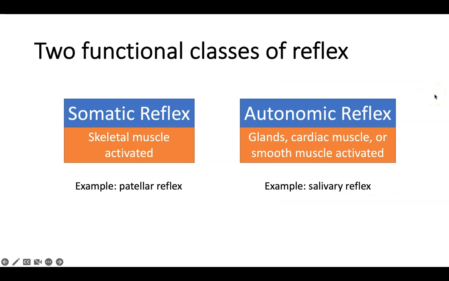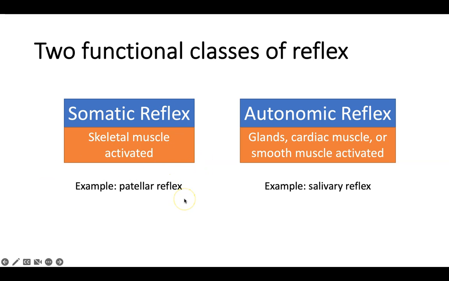In addition to thinking about those 5 essential components of every reflex arc, know that we can split reflex arcs into functional classes based on whether they are involving skeletal muscles or whether they are involving glands, cardiac muscle, or smooth muscle. So a somatic reflex is a reflex that involves skeletal muscle activation.